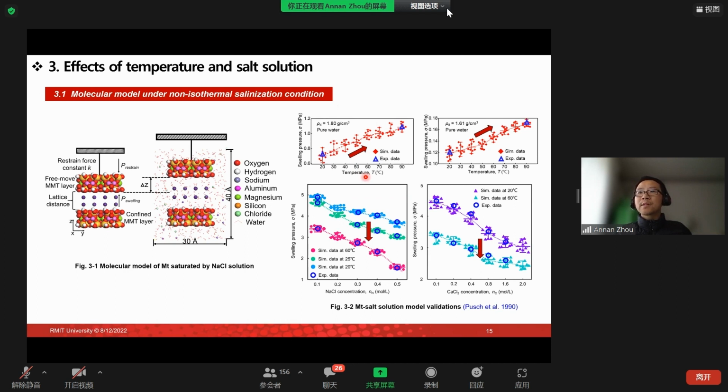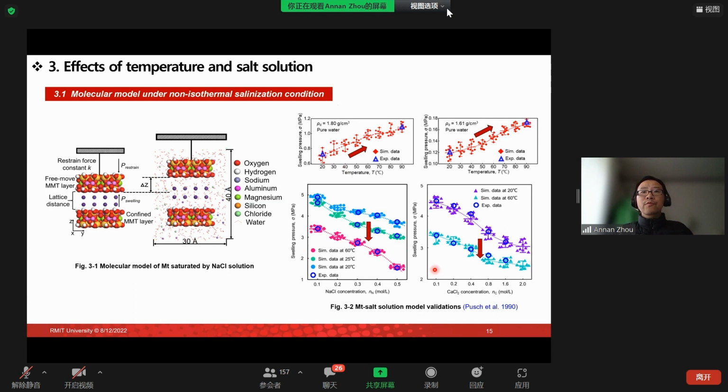More importantly, we can observe the positive correlation between the swelling pressure and the temperature for the pure water condition from both simulation and experiments.